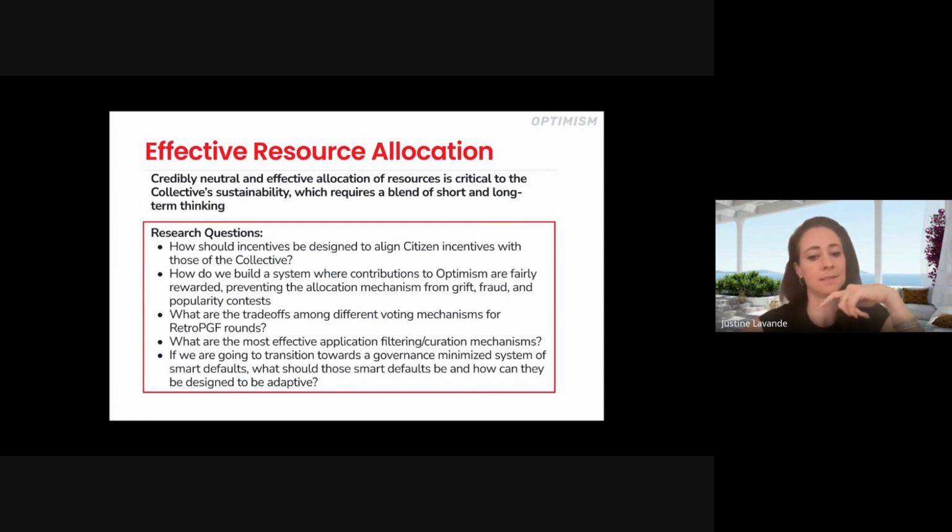You can instead have a smart default system where there's a formula that says inflation should be XYZ for 2025 based on the following factors. And then you can allow voters to override that if for some reason they think we need to deviate from it. But it reduces the governance overhead.